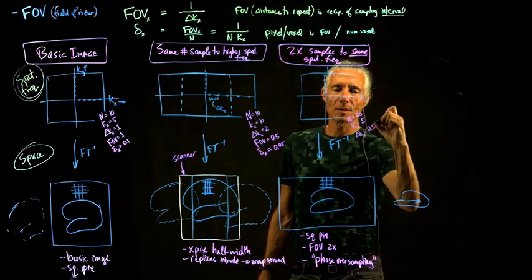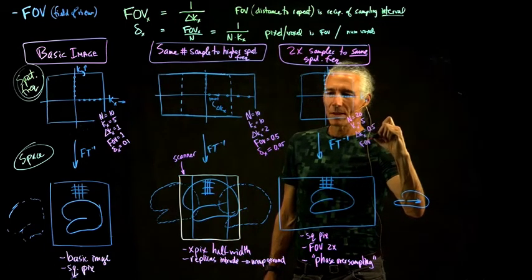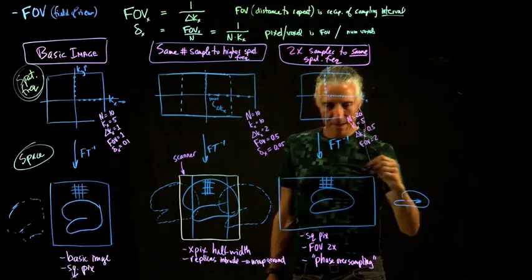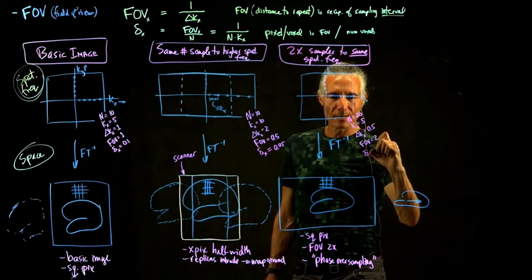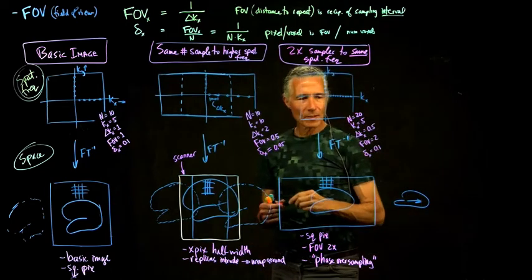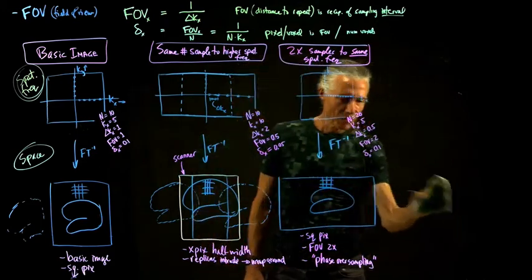So we're sampling at twice the rate. Then when we calculate the field of view, we get a field of view equals 2, twice as big, and the pixel size didn't change. That's actually something that you might want to do.